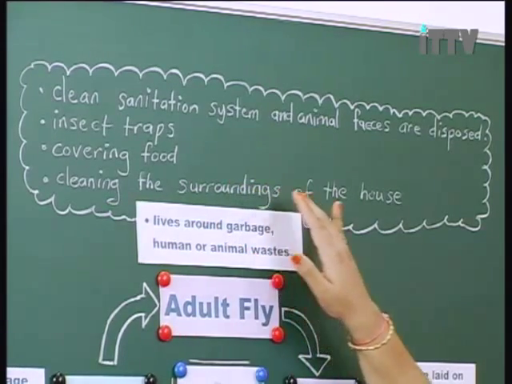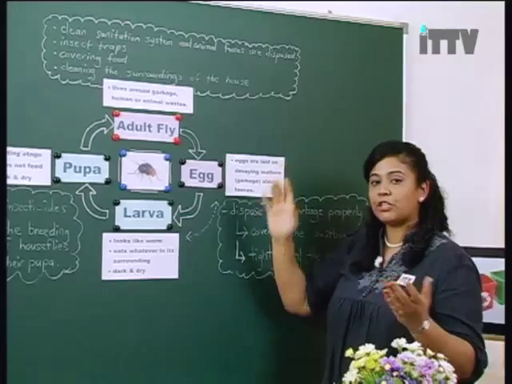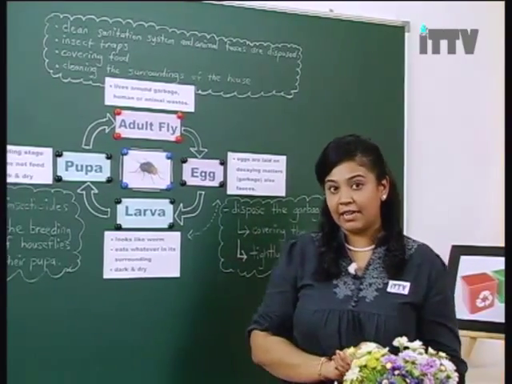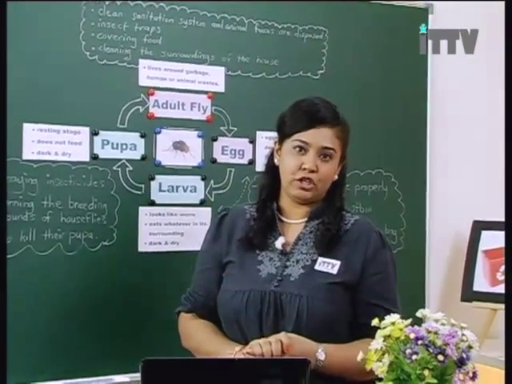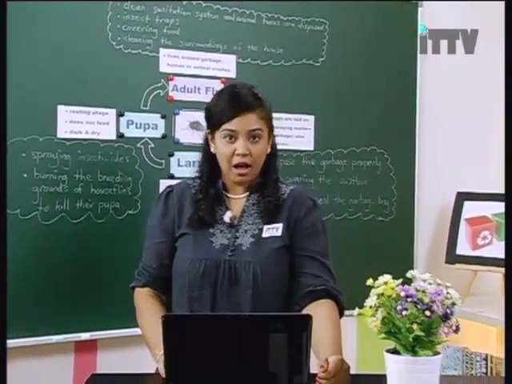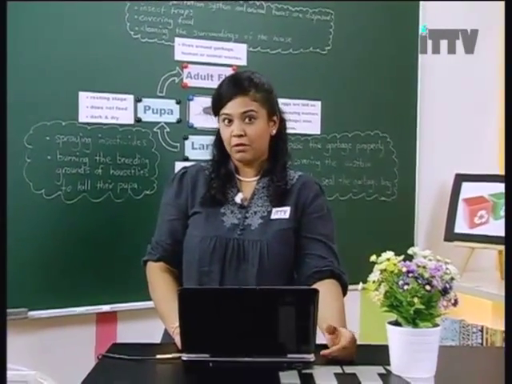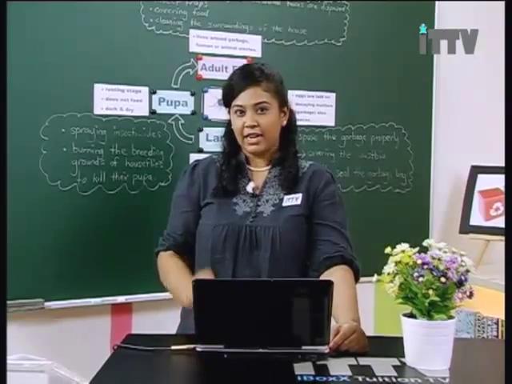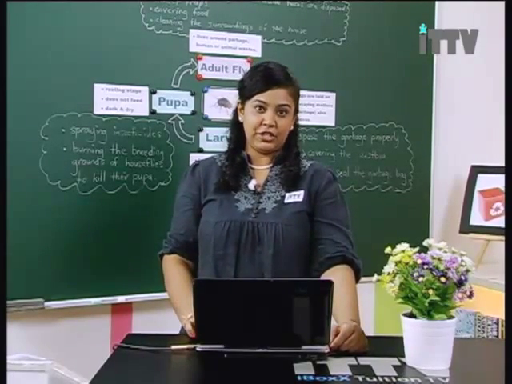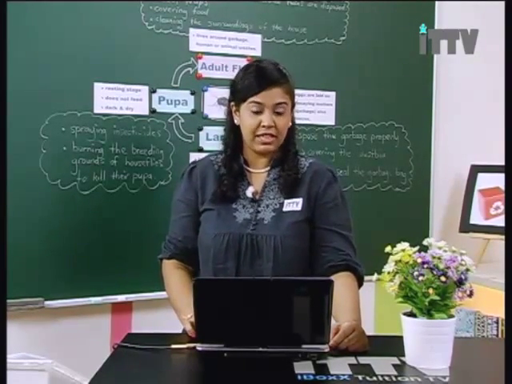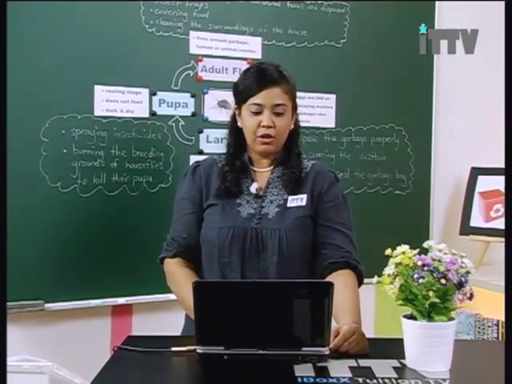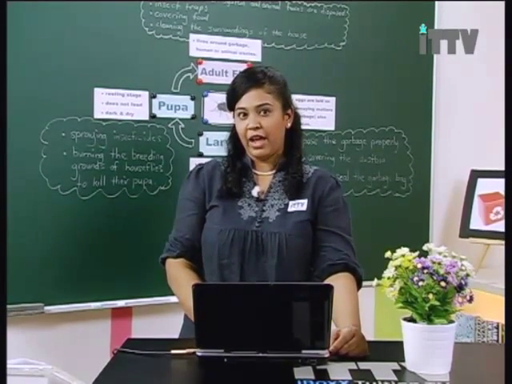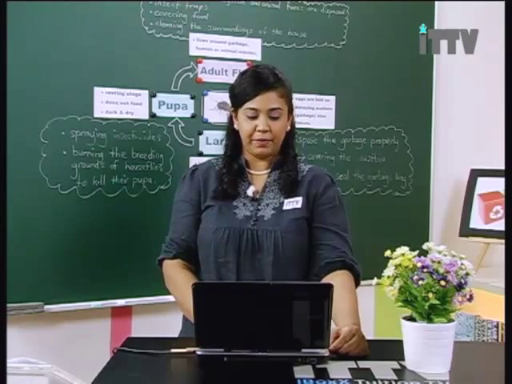Clean the surroundings of the house. Make sure that the house is always clean. So these are the ways to prevent houseflies from reproducing and to kill them at every stage, or at least reduce them. So let's summarize what we have learned today for housefly.